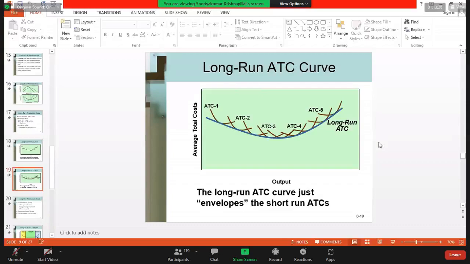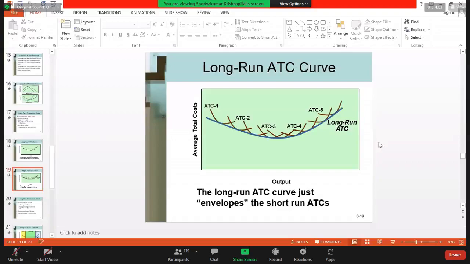This long run average total cost curve has a U shape, but it is not like the short run average total cost U shape we studied. In the short run, average total cost takes a U shape because of diminishing marginal return due to the fixed input. Because of the fixed input, marginal product increases and decreases. That is why the short run average cost curve and the marginal cost curve take a U shape.